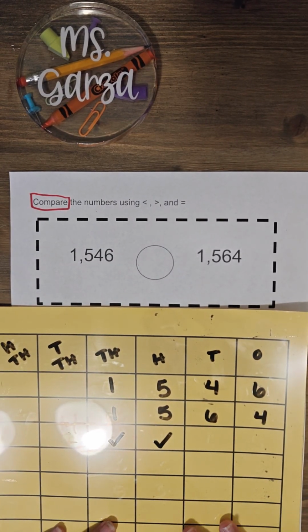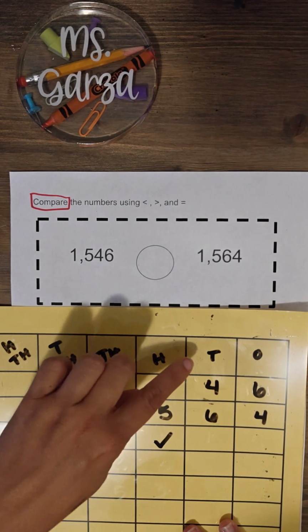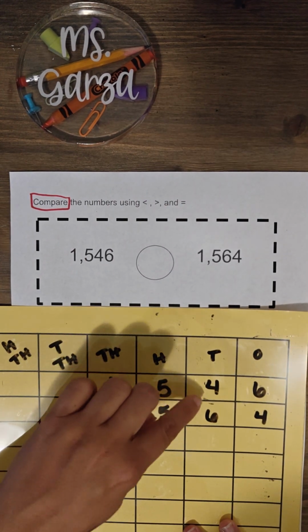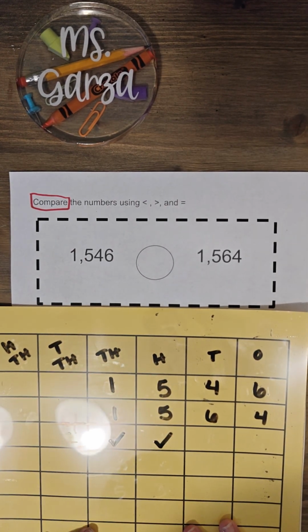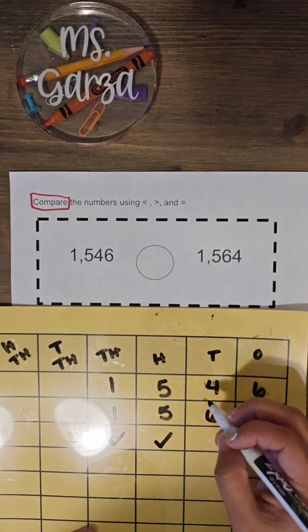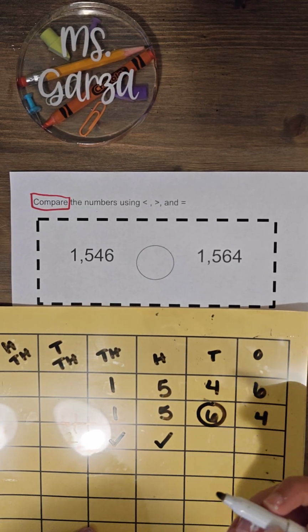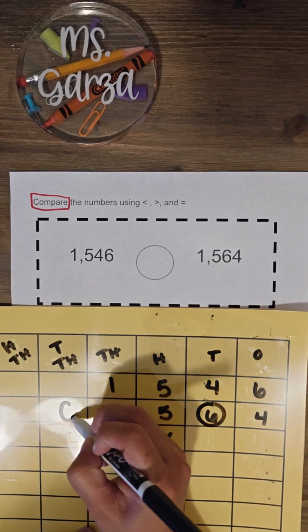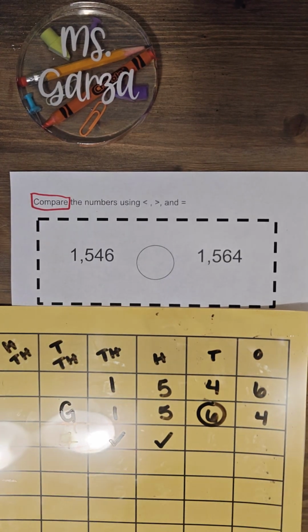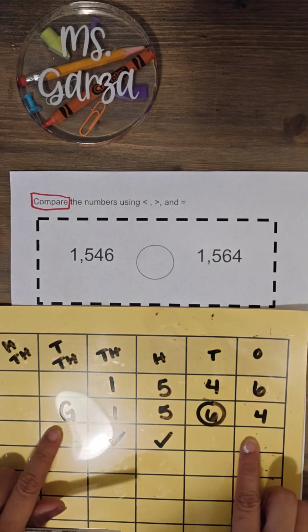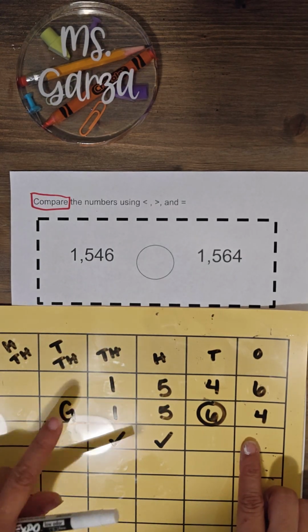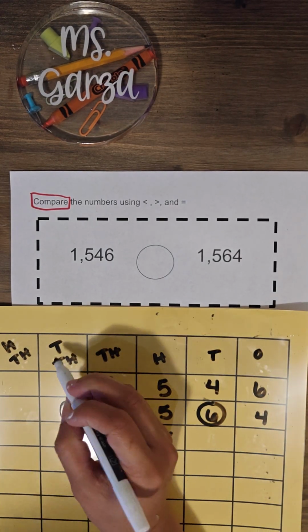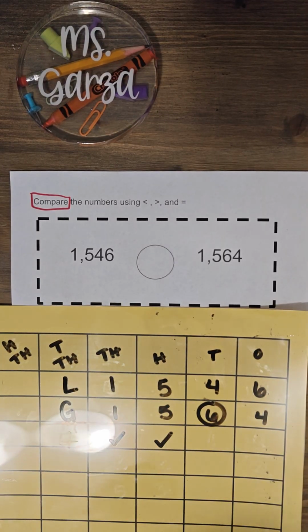They're both equal, they're both fine. Then we go to the tens place. We have a 4 and we have a 6. Okay, so the 6 is bigger. So that means this one is greater. So if the second one is greater, that means that the first one is less.